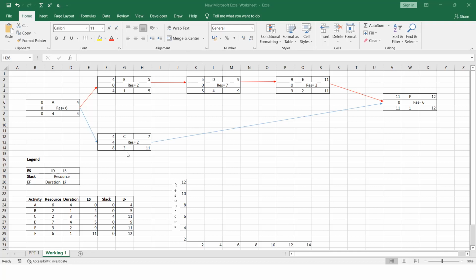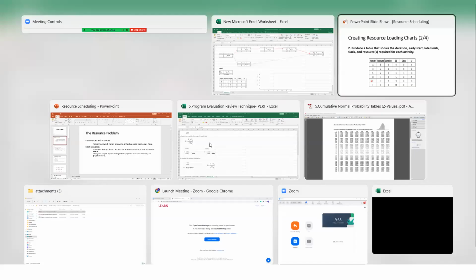So we have now completed up to the second step, right? So we can now go to the next step.